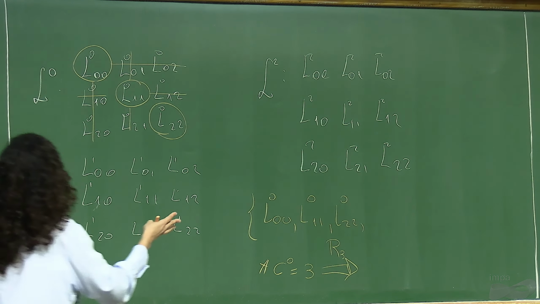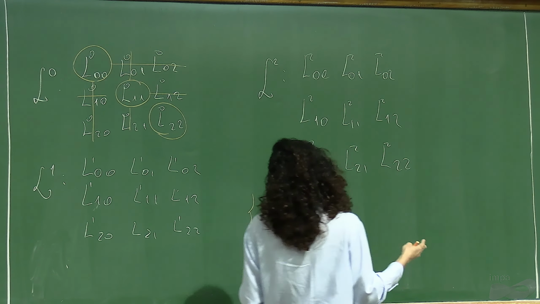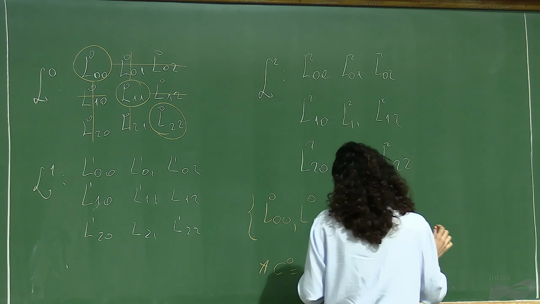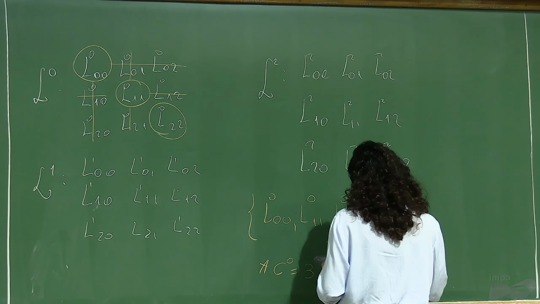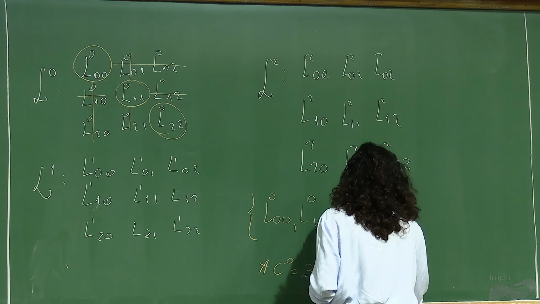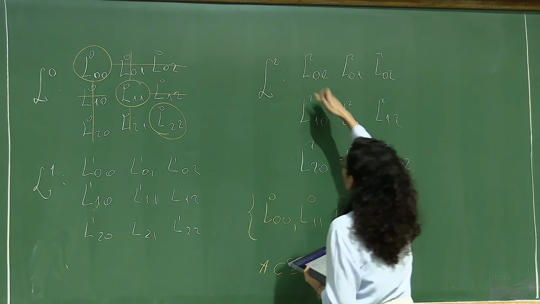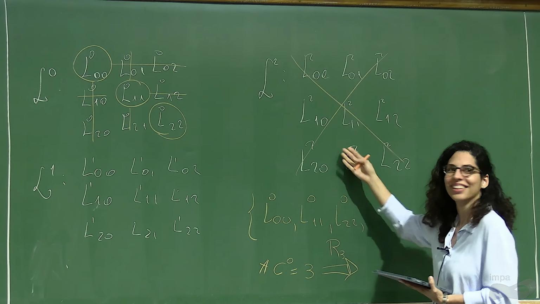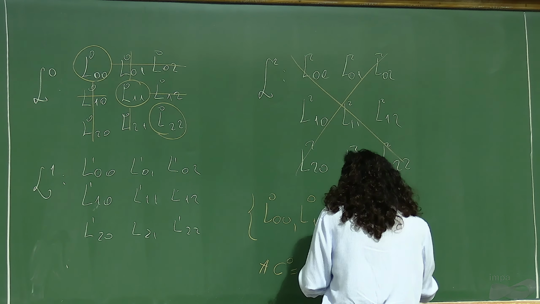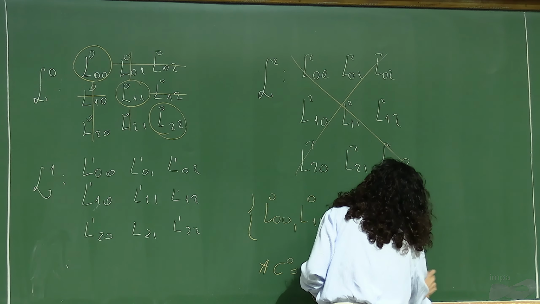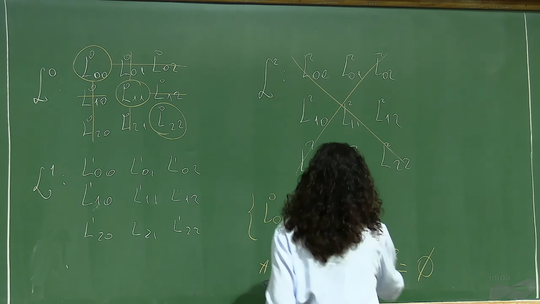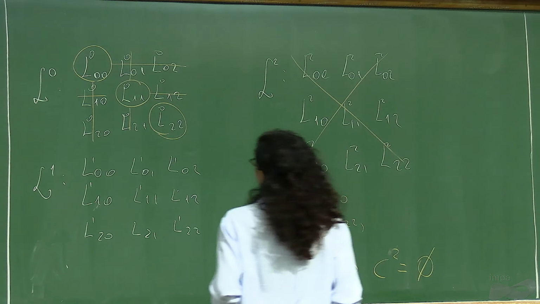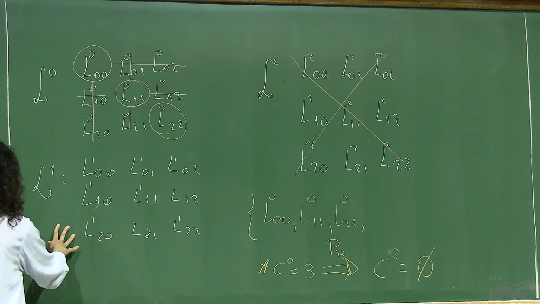So this tells us that we can choose lines on L2. So I wrote this for nothing. So C2 is empty, and we can just choose here.